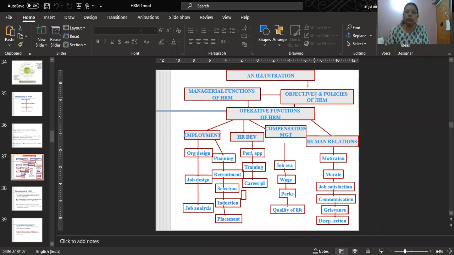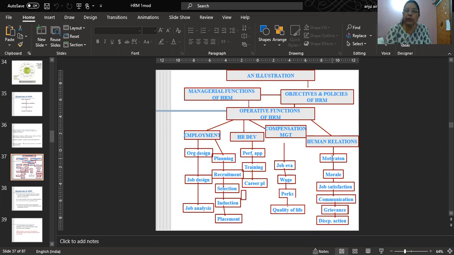That is how to do compensation management, how to do human relations, how to develop their human resource, how to do employment of their HR. So all these operative functions will be determined on the basis of these two, the managerial functions and the policies of HR. So human relations: how do they achieve good human relations?